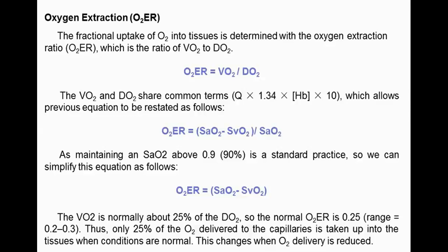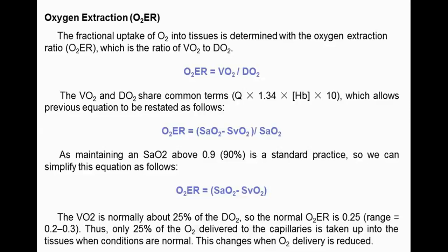I want to check if he is well perfused or not. What will I do? I will take a mixed venous sample if I can access a Swan-Ganz; if not, I will take a central venous oxygen sample, and ask the nurse, please, I want a mixed venous sample for ABG. And I found that the mixed venous is about 65%.